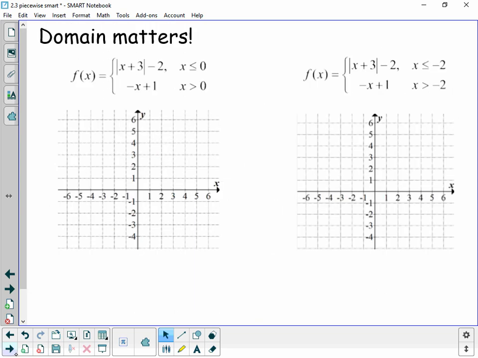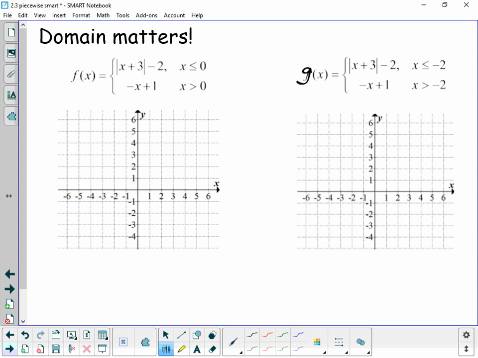Alright, just the last two graphs here quickly. I wanted to just show you that the way that your function ends up looking depends a lot on that domain. So these two equations, I should call one of these something else. Let's call this one G. These two equations are very similar.